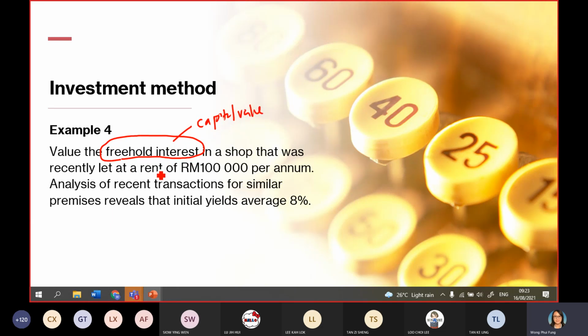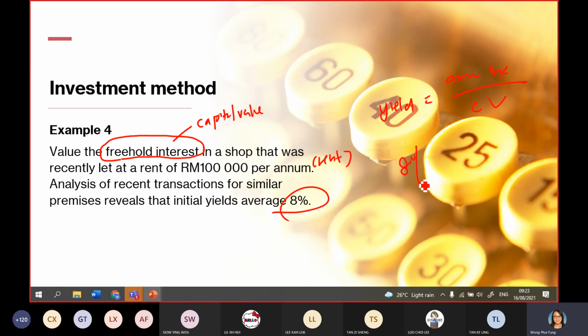Value the freehold interest in a shop that was recently let at a rental. So this is a rental per annum. Analyze the recent transaction, which asks you to calculate the capital value when the yield is 8%. So very simple. You just use the formula: yield equals annual income divided by capital value.